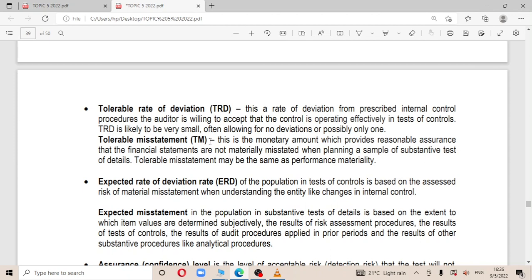The sample is right, but because of you using the incorrect procedures, that's why you have a wrong opinion. Because of you failing to plan for the audit well, that's why you have a wrong opinion. Those are non-sampling risks. Excuse me, sir. Can you say these are risks that arise from the auditor's inefficiencies, other than sampling? Yes, other than sampling. Okay, thank you.